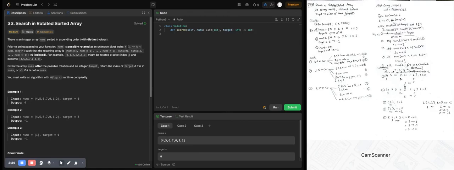Okay, so we would like to get the index of target if it is in nums, or -1 if it is not in nums.